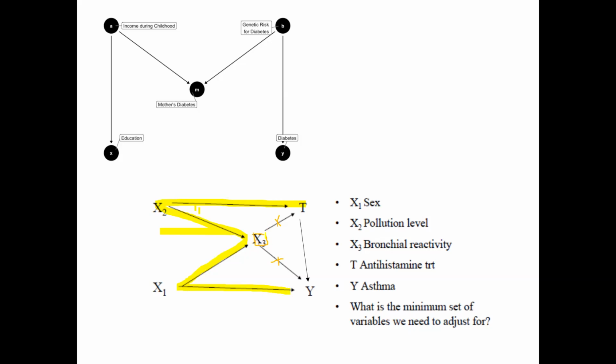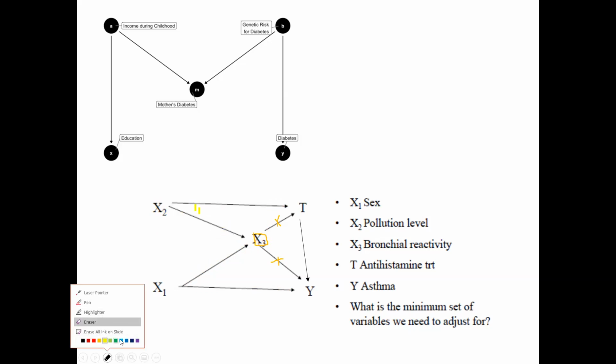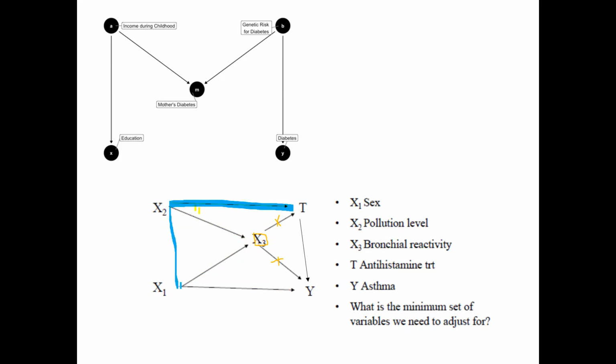But because I adjusted for X3, I opened a new path, which is T, X2, X1, Y. This path is a non-causal path. We all agree, because it's a backdoor path, the arrow is pointing toward the exposure. It's a fake association because, as we said, when we adjust for X3, it creates a fake association. So this is a path that I need to block.